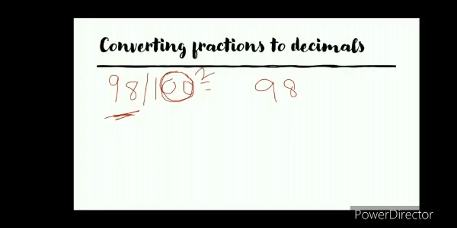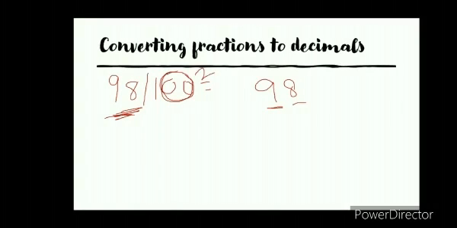For the next step, you need to check how many digits there are in this numerator number. We have 2 numbers here also. So now keep the decimal point. Since there are two zeros, you need to keep the decimal point before 2 numbers.